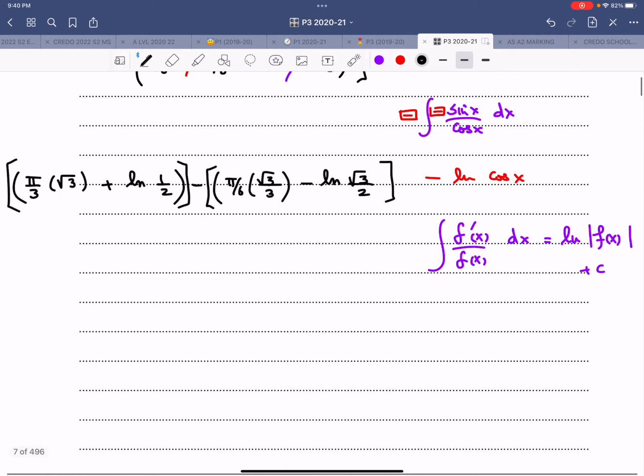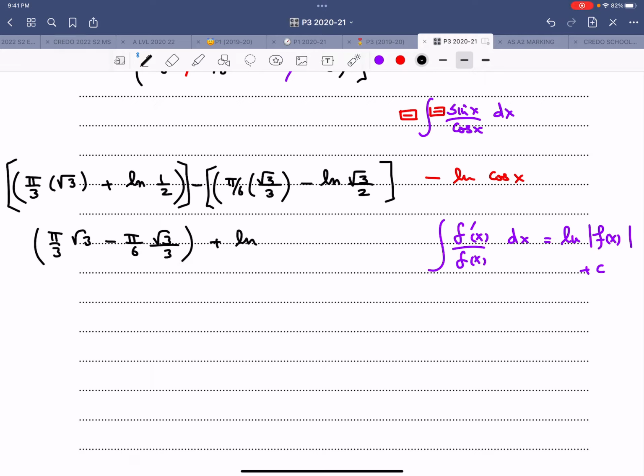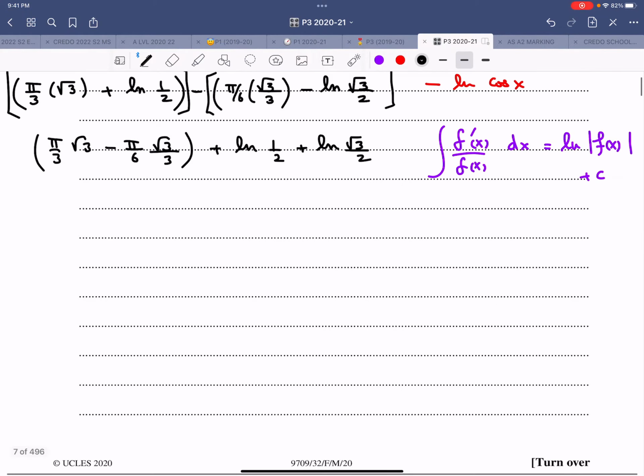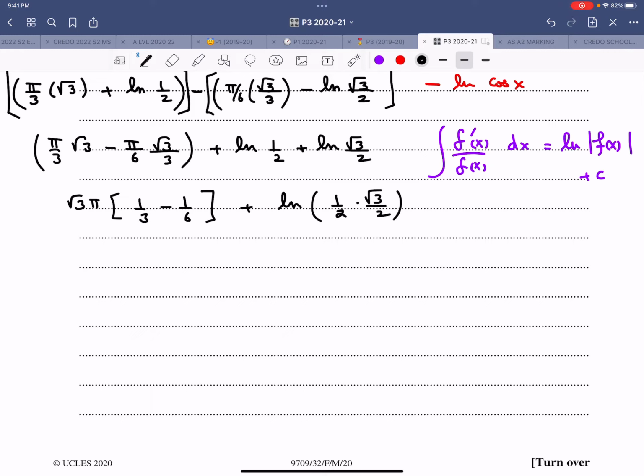So now this is pi by 3 root 3 minus pi by 6 root 3 over 3, and this is ln of half, and this minus minus becomes plus, that is ln of root 3 over 2. Be very, very careful. Root 3 and pi is taken common out, 1 over 3 minus 1 over 6. And over here, rule of log is applicable, that is half into root 3 over 2. That is ln of root 3.